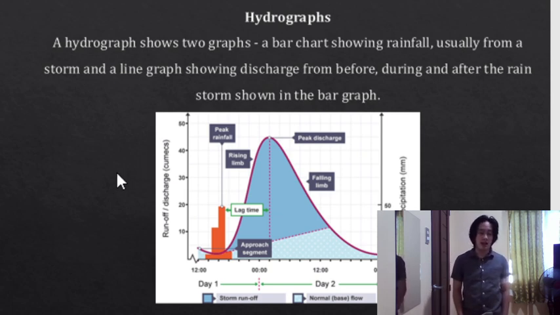The next is rainfall. Rainfall is the quantity of rain falling within a given area and given time.